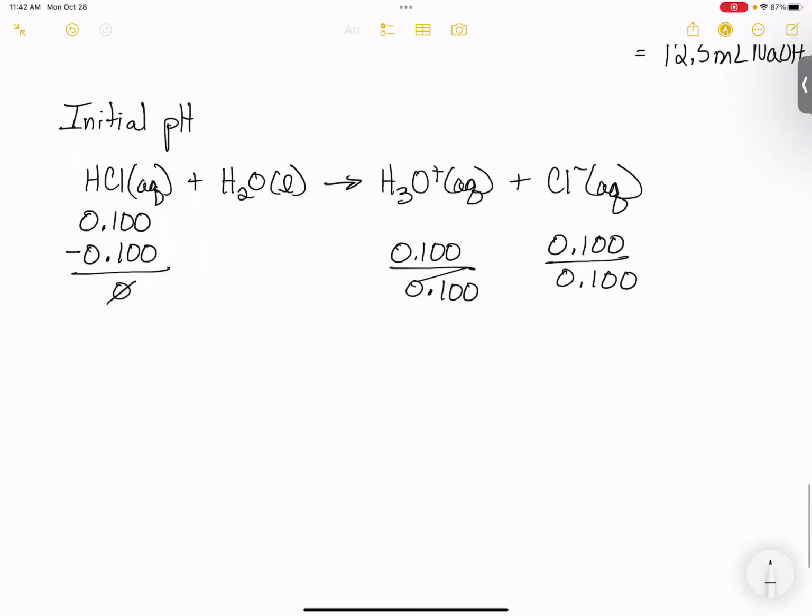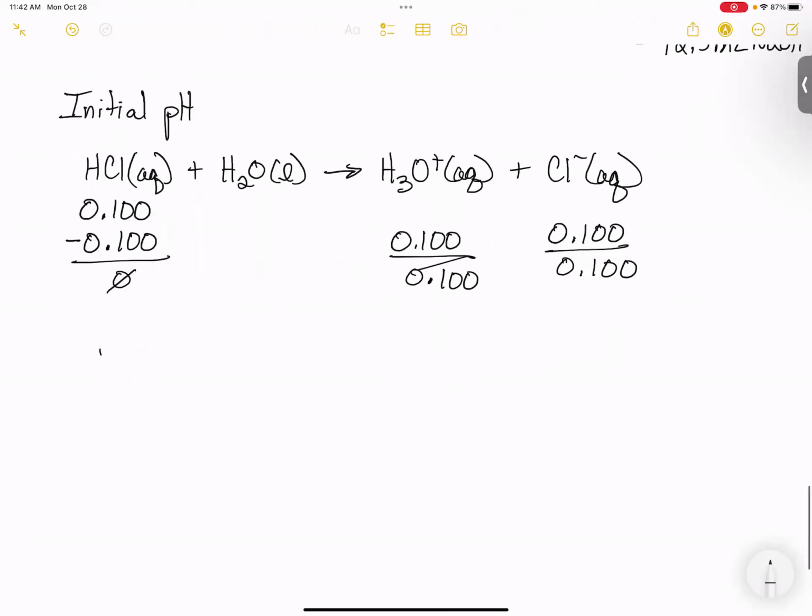Your pH equals the negative log of the hydronium. So that's equal to the negative log of 0.100, which should equal 1, if I'm doing this in my head correctly.